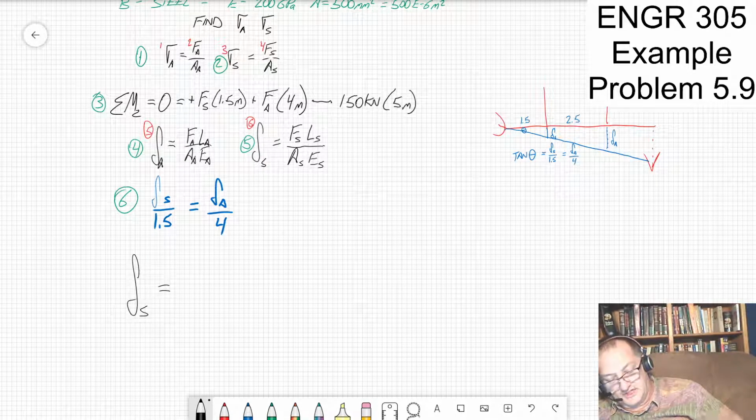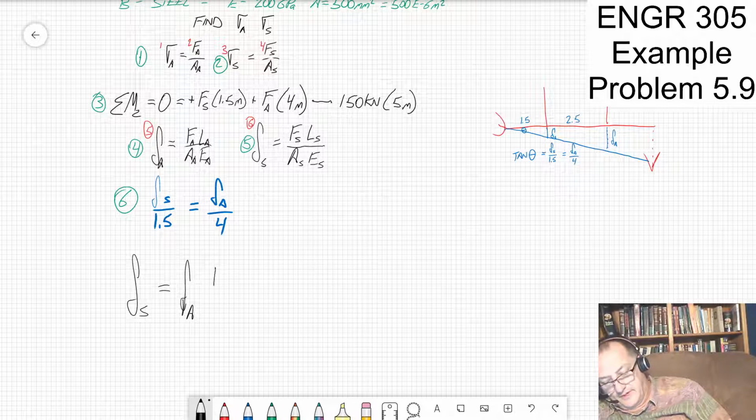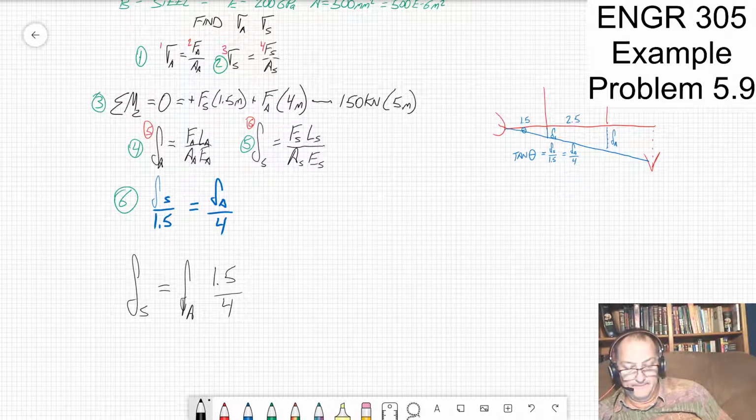Delta in the steel is equal to, I'm going to write it as a function of delta of the aluminum times 1.5 divided by 4.